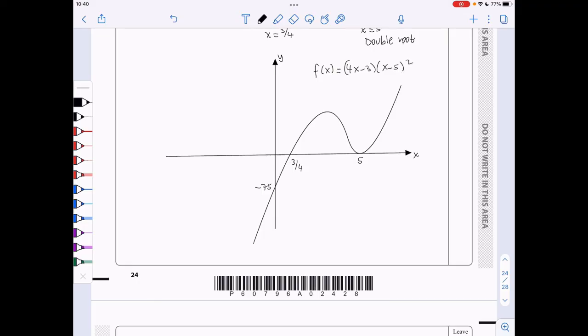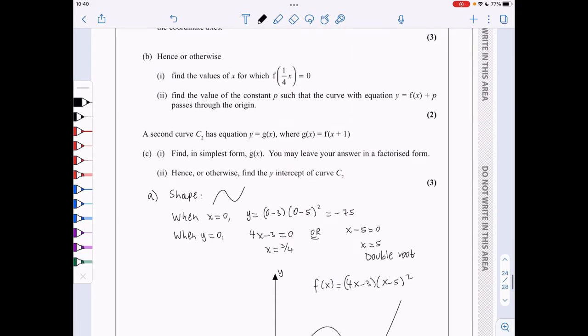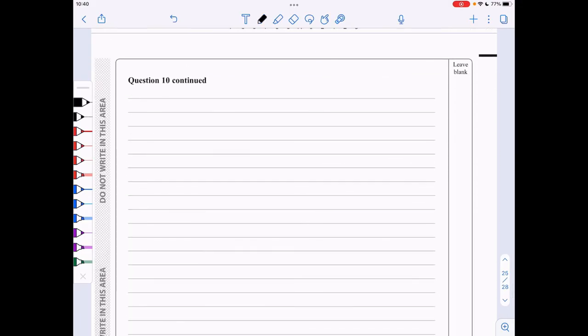That was part A. In part B, it says hence or otherwise find the values of x for which f of a quarter x is 0. So we will start by considering the transformation corresponding to f of a quarter x. So this is a stretch along the horizontal, scale factor of 4. So this essentially means that all the x values get multiplied by 4.